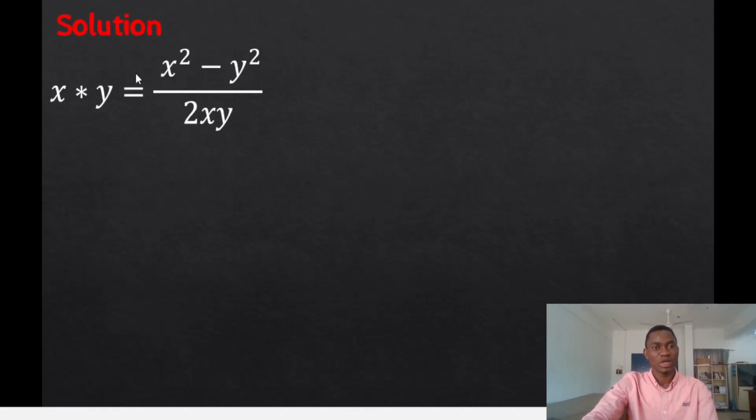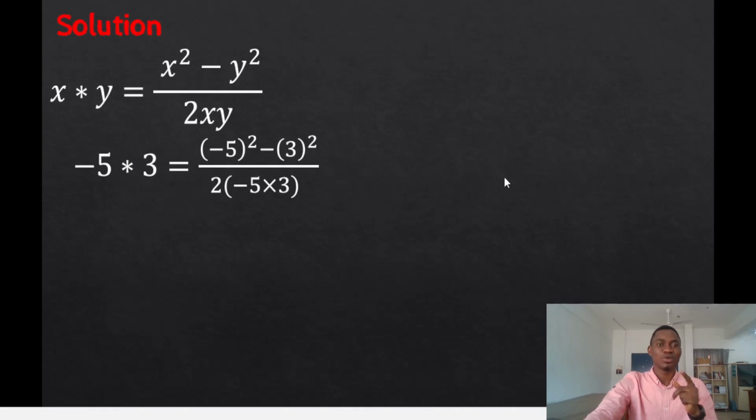So x star y equals to x squared minus y squared all over 2xy is our working formula. All right? And we are using this working formula to perform a binary operation on minus 5 and 3.